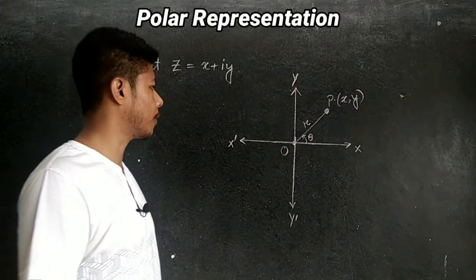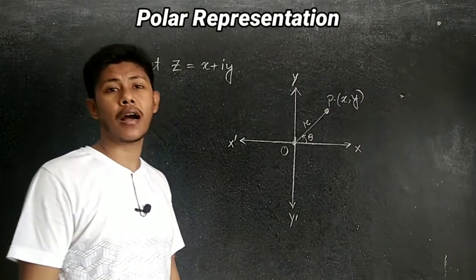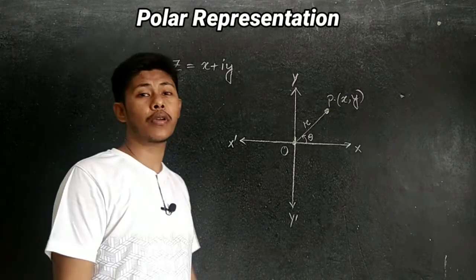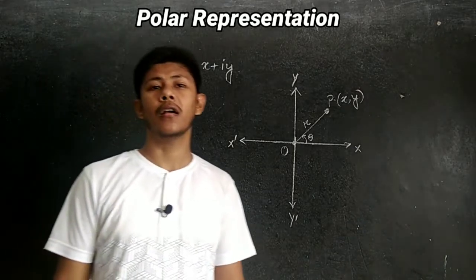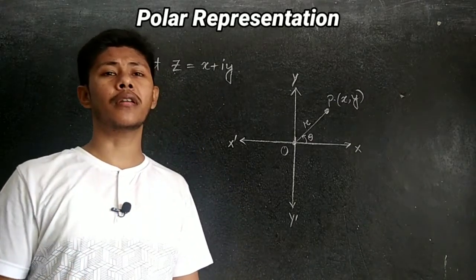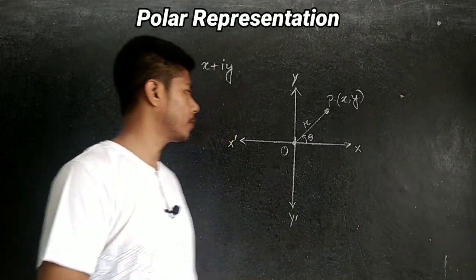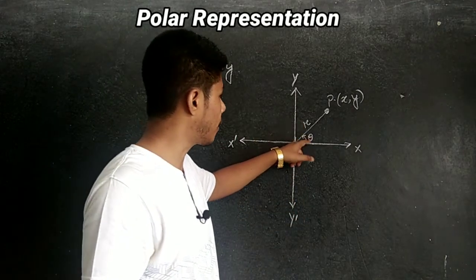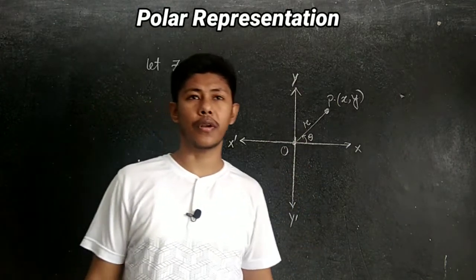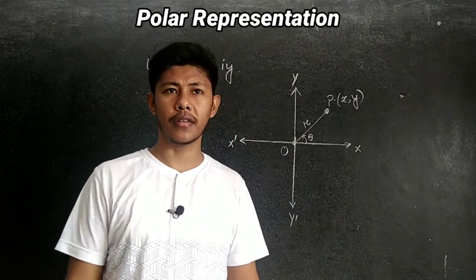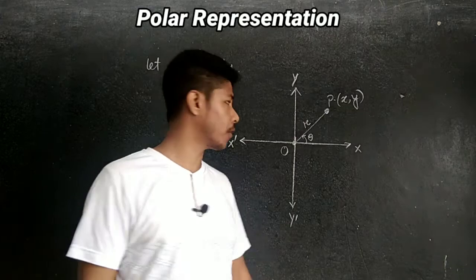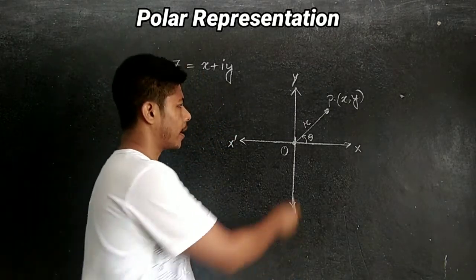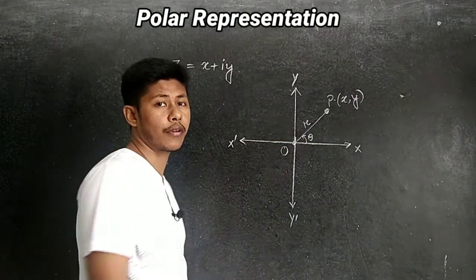The distance from the origin to point P is r and the angle is theta, so from here we can identify the polar representation, which is the trigonometric form. These two, r and theta, are known as polar coordinates.